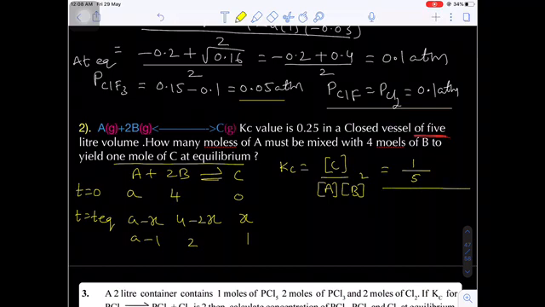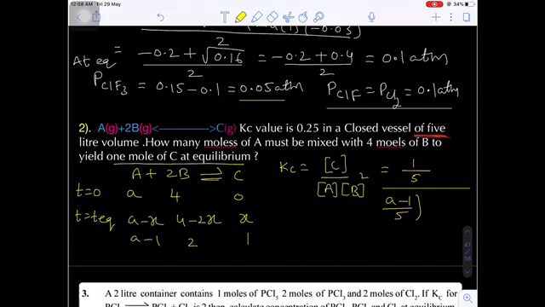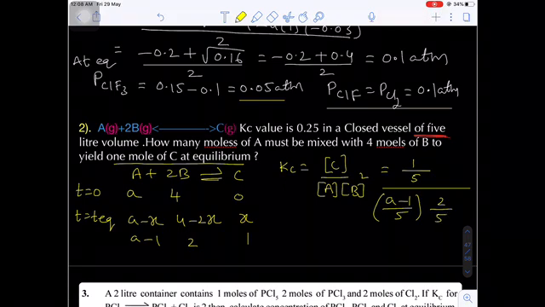Okay, whole divided by A minus 1 moles of capital A whole divided by 5 multiplied by 2 moles of capital B whole divided by 5. Here the stoichiometry of B is 2, that's why I am writing whole square.